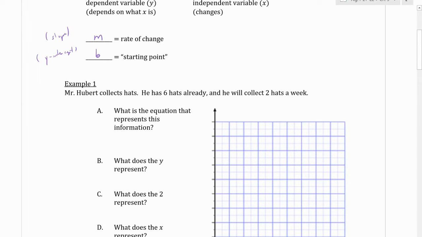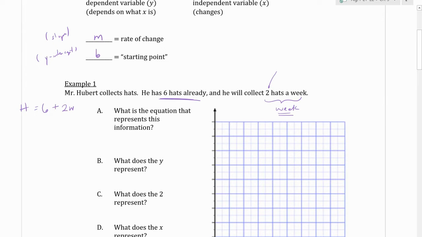So it's like, okay, if I put it in terms of hats and weeks, he starts out with 6 hats. So he's got that to begin with. And then every week, he's going to gain 2 more hats. So he'll add 2 hats for every week, and that'll tell you the total number of hats.